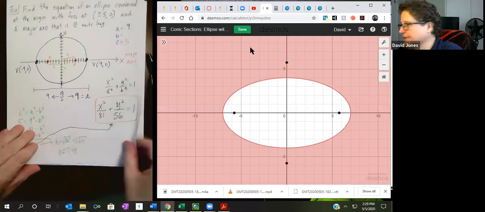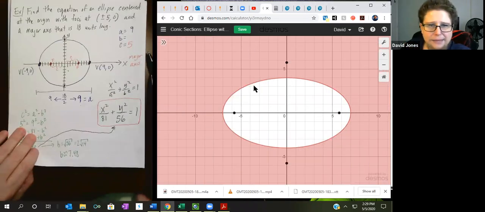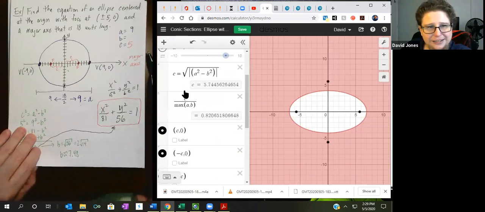So I wanted to show you that, how as A and B approach each other, the focal points get near each other.